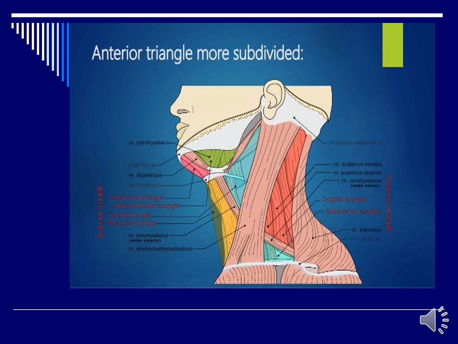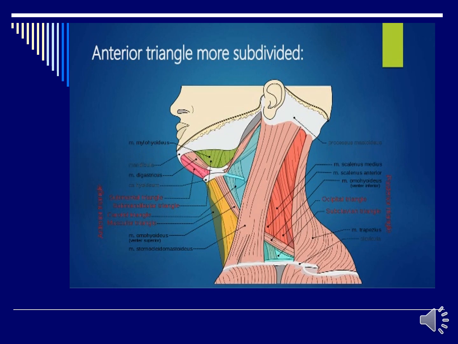The vascular or carotid triangle is between the posterior belly of the digastric muscle, anteriorly the omohyoid muscle, and posteriorly the sternocleidomastoid muscle. This is an important triangle because the main blood vessels and nerves pass in it.